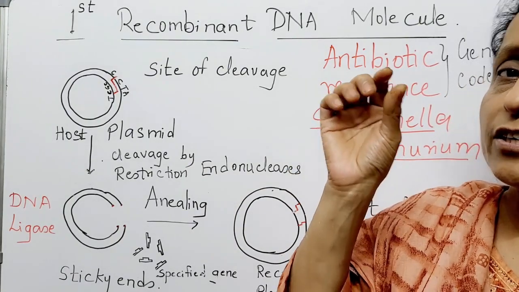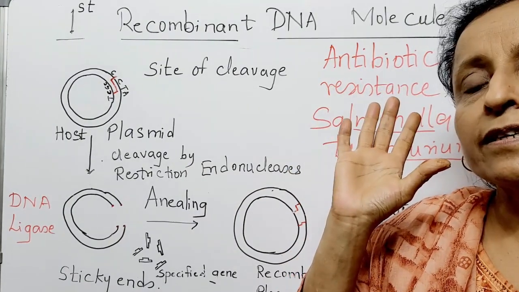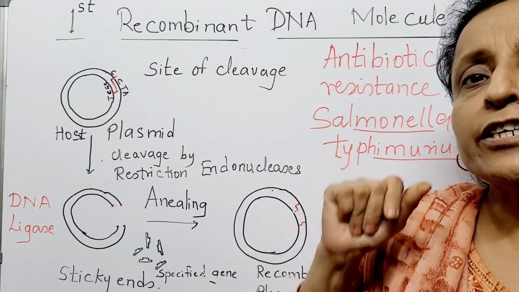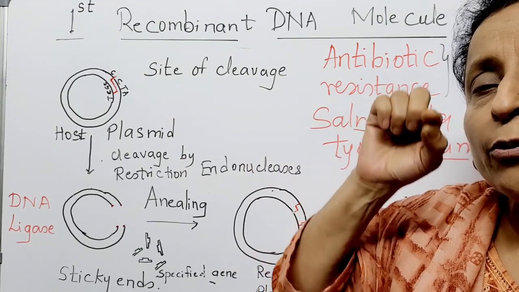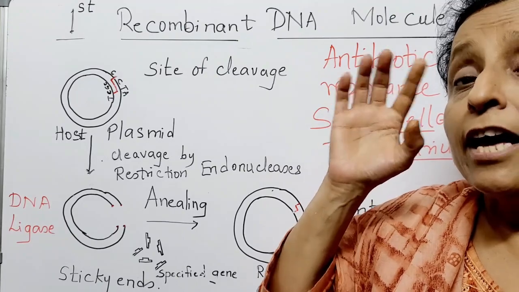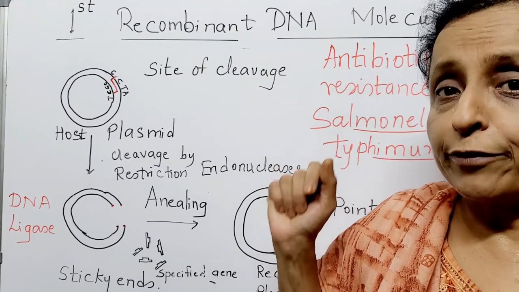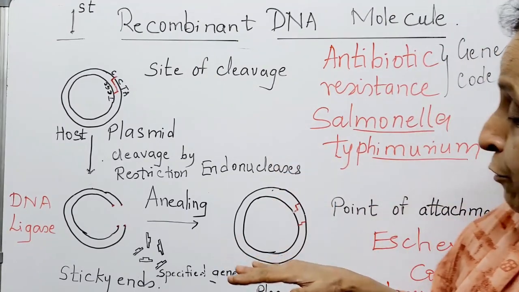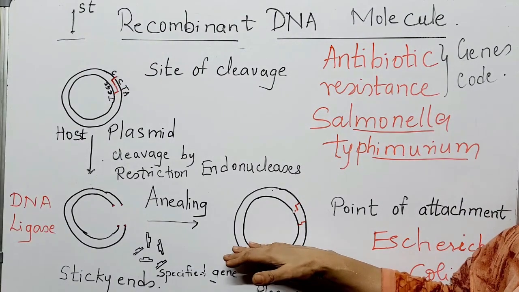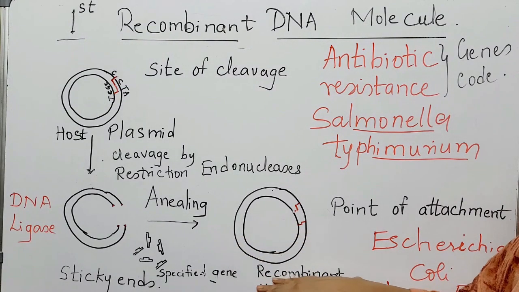Plasmids are structures present in the bacteria other than their genetic material, which are round DNA floating in it, with extra characters for their survival. So now this plasmid has become a recombinant plasmid DNA.